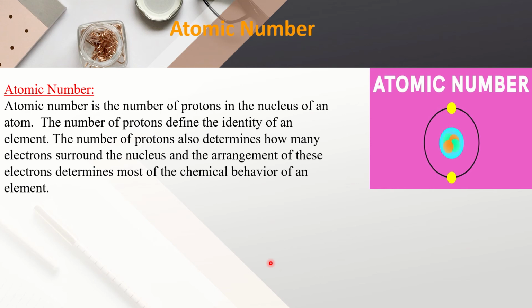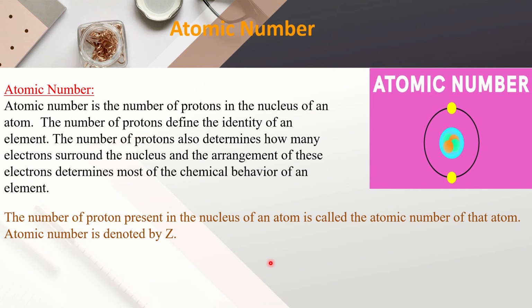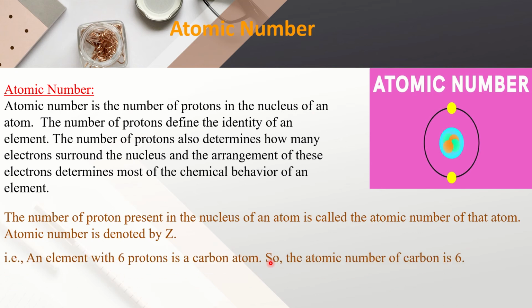And for a neutral atom, the proton number and electron number are the same. So for a neutral atom, the number of electrons can also be called the atomic number of that atom. So the number of protons present in the nucleus of an atom is called the atomic number of that atom, and atomic number is denoted by Z.